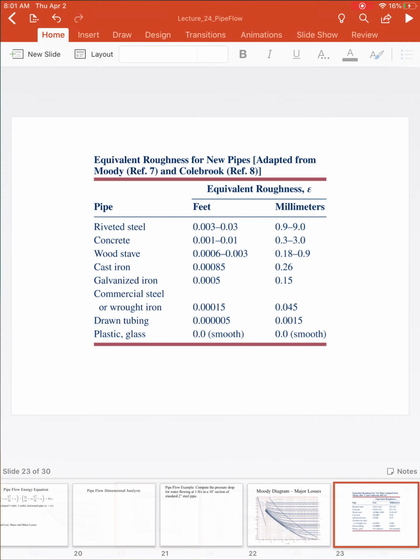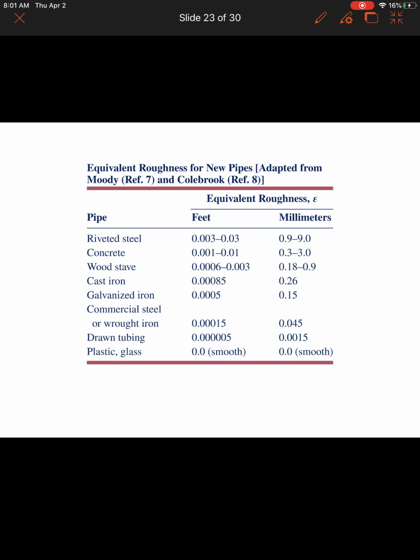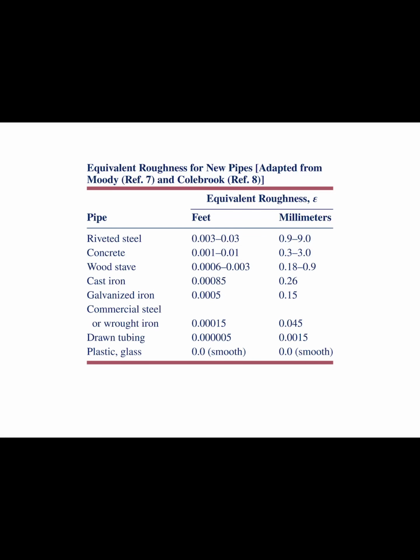And so back here, as we talked about in last class, you have from your textbook this table 8.1, if I recall. Table 8.1 shows you different types of equivalent roughnesses in both feet and in millimeters. So be careful, you use it in millimeters, not in meters, for different really important materials.